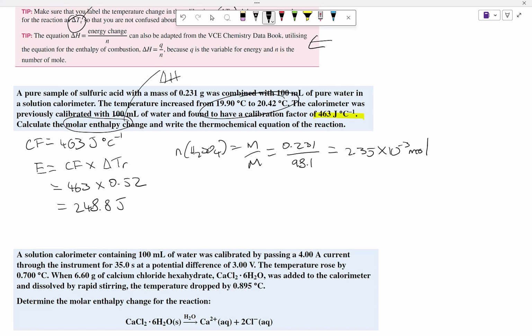Now our delta H, because remember delta H is basically energy divided by mole. So our energy we got here, I think I copied this down wrong, so let me correct this over here. When I calculated that, don't know why I put 248, should be 240.8.